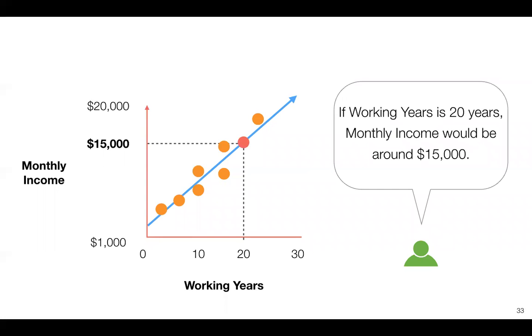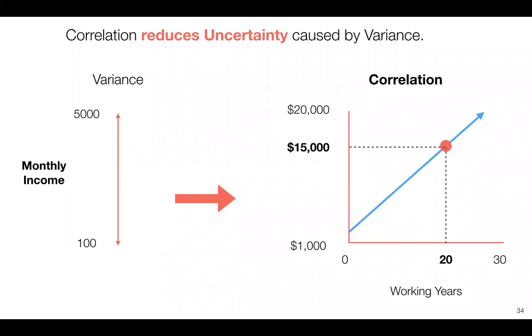It might not be a perfectly precise answer, but it means correlation can reduce the uncertainty of the variance, and then we can get to what we want to know.